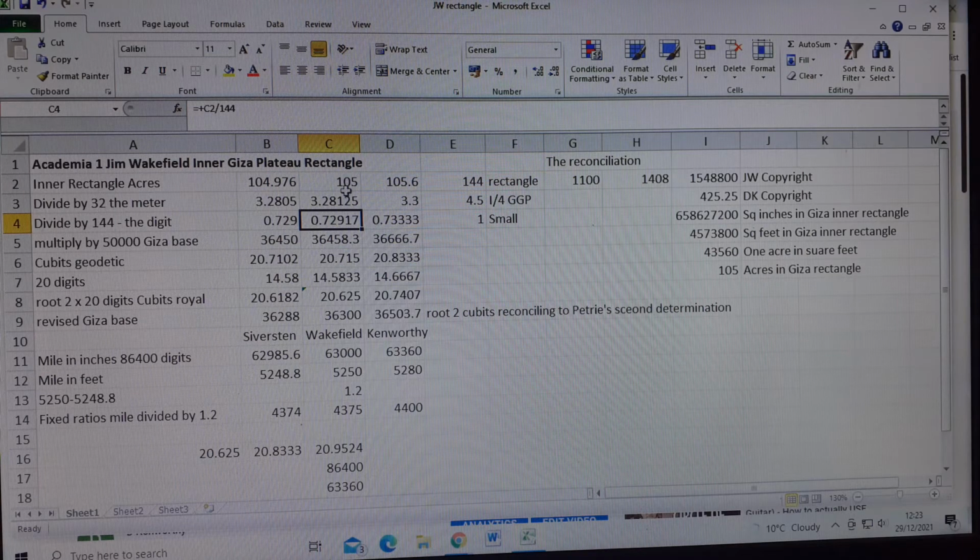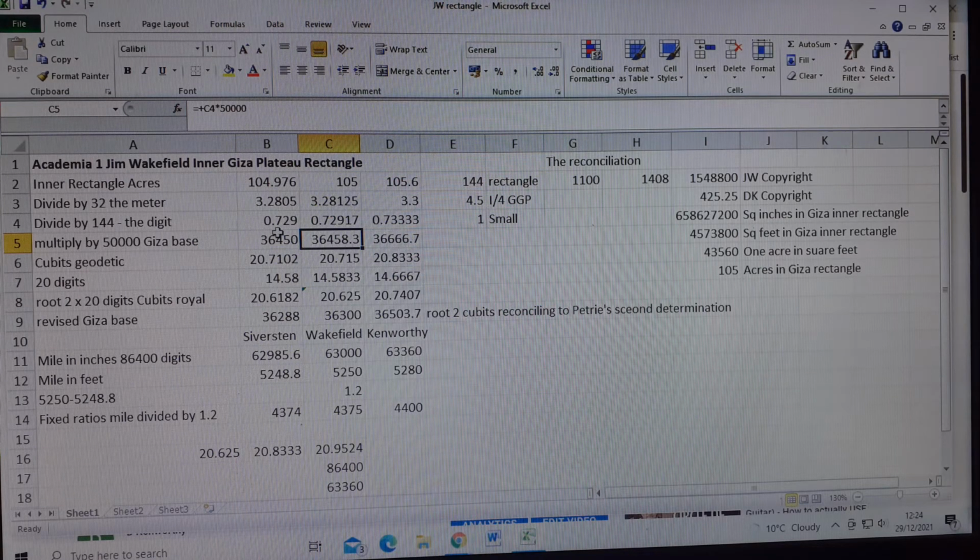And when we get 0.729177 in acres and we convert it to inches, because that's one digit, we can then apply Berryman's analysis of the Giza base, which gives 50,000 digits in the Giza base, and we get this figure here, 36458.333 recurring imperial inches. And this is geodetic analysis, this that we're looking at.